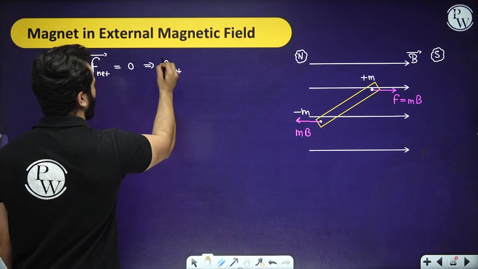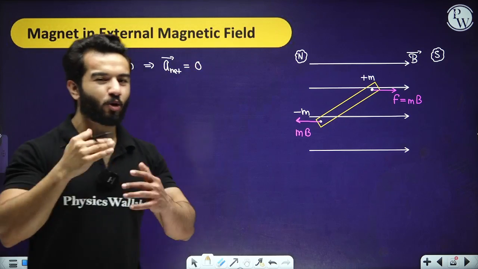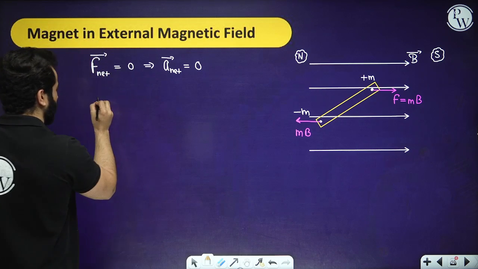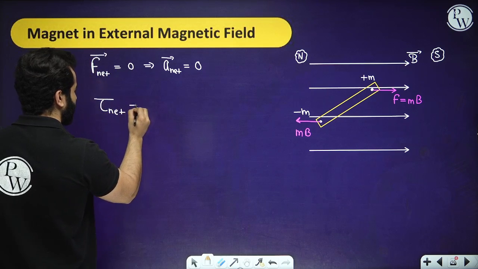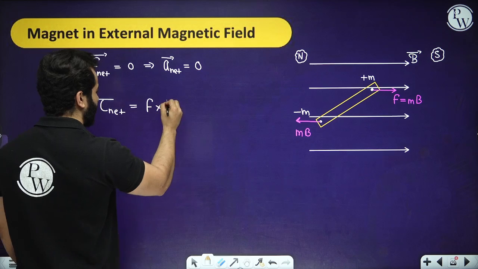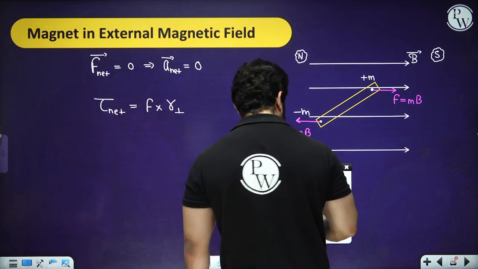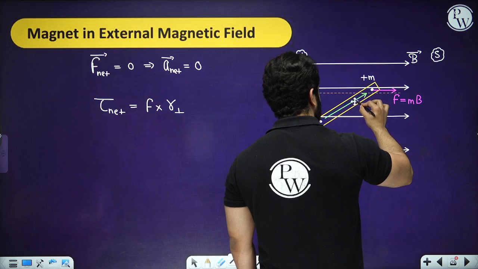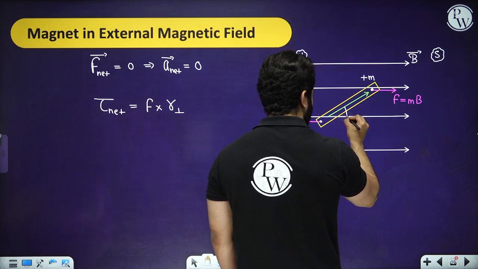Everything is similar to what you have learned in electrostatics, so that's why I'm not really explaining each and everything. In short, the net torque will be written as F times r perpendicular. Let's suppose that this vector, the dipole moment, is making an angle theta with the magnetic field.